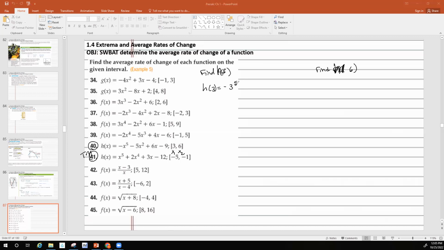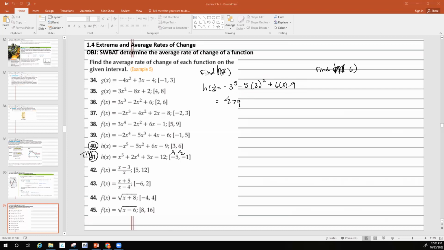The negative 3 to the fifth, minus 5 times 3 squared, plus 6 times 3 minus 9. And when you do that, you get negative 279.